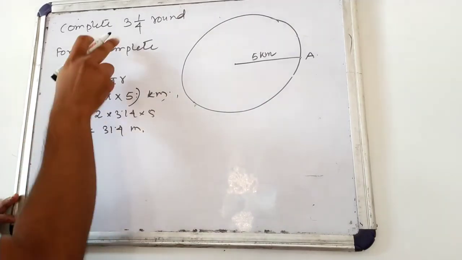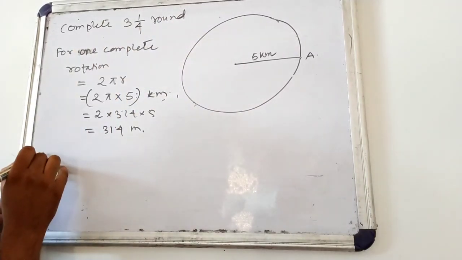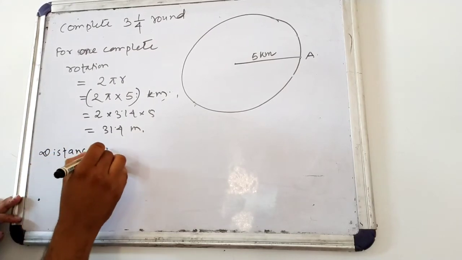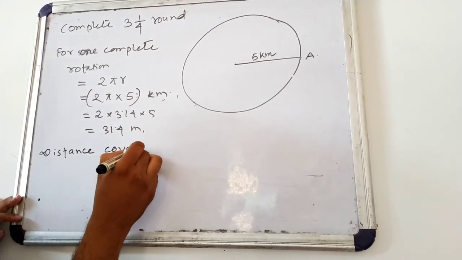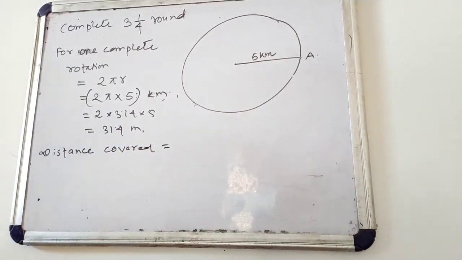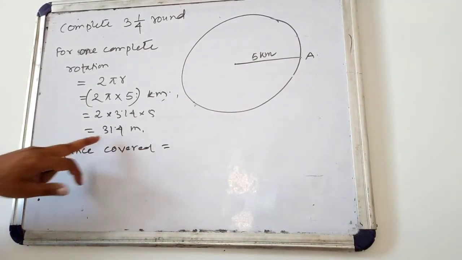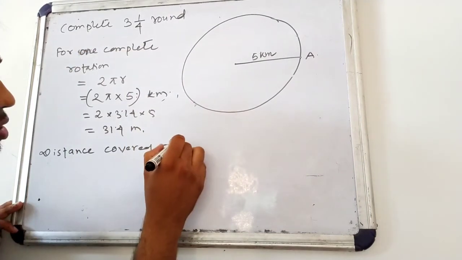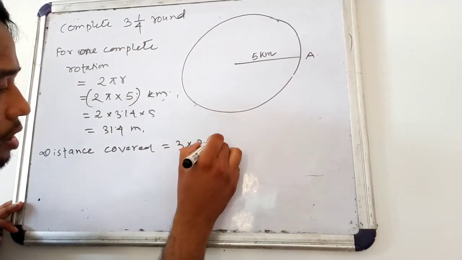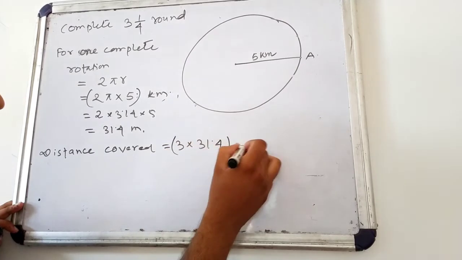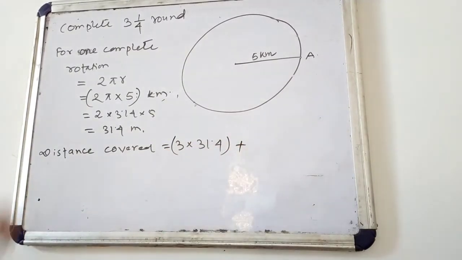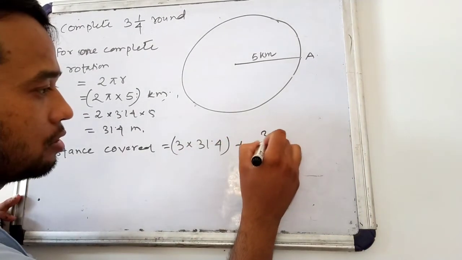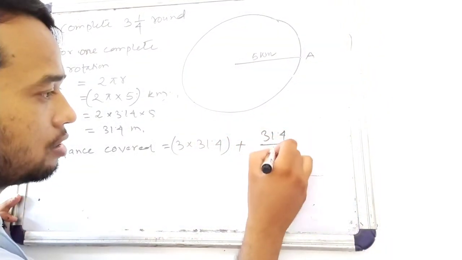So in 3 rounds, distance covered. So if in one complete rotation it travels a distance of 31.4 meter, so in 3 rounds it will cover 3 into 31.4 meter, plus in 1/4 round it will travel a distance of 31.4/4 meter.